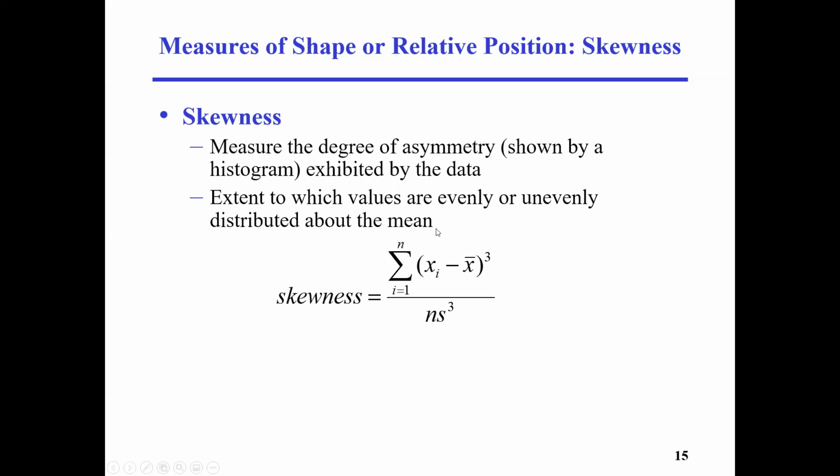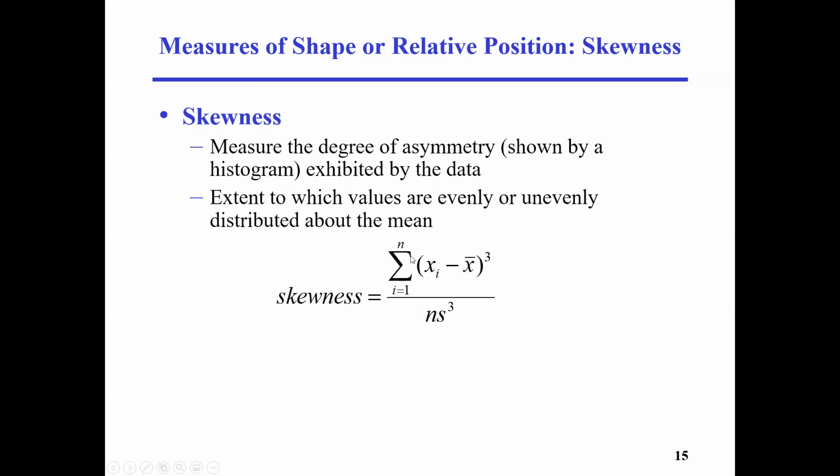It is the extent to which values are evenly or unevenly distributed about the mean. So here, the baseline is still the mean. The formula is here. You calculate the distance between a specific observation and the mean of the data set, and raise the result to the power of 3.